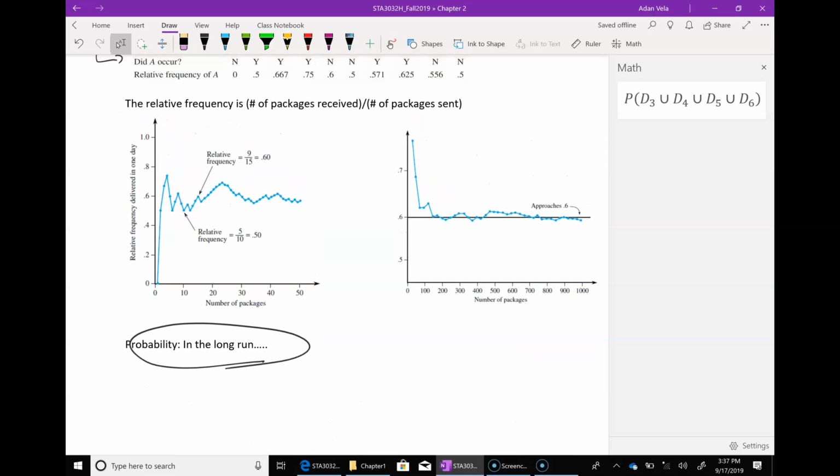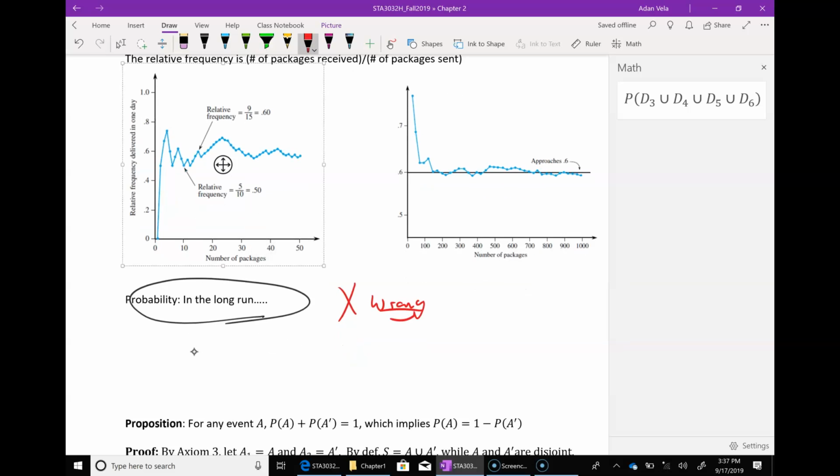The big mistake that people often make is, let's say the probability is 0.6. They take that to mean something like, actually, this is wrong. The wrong thing to say is mailing out 100 packages, 60 will arrive within one day.